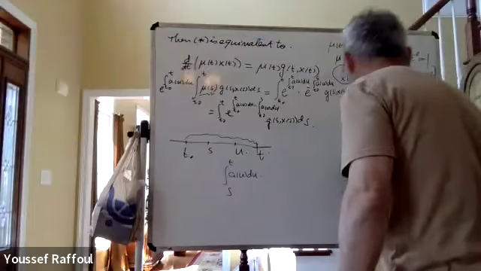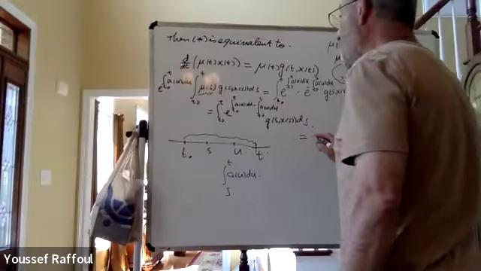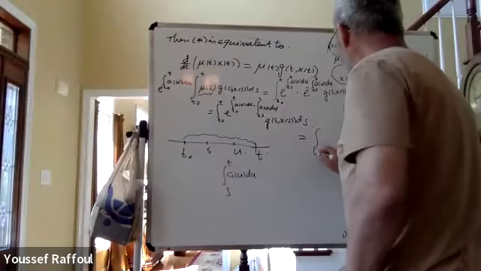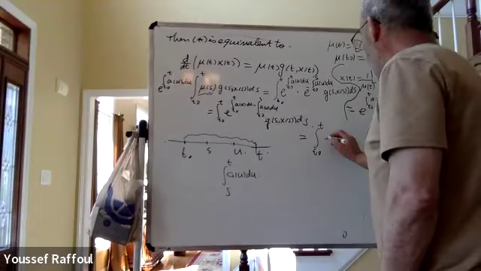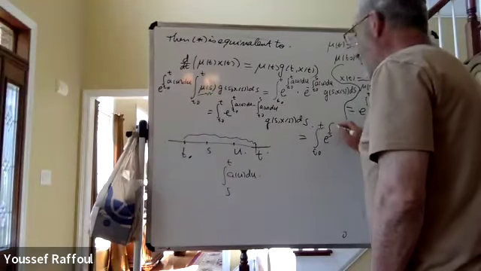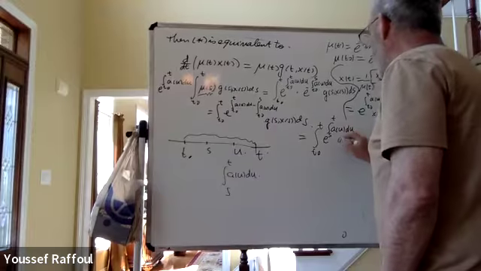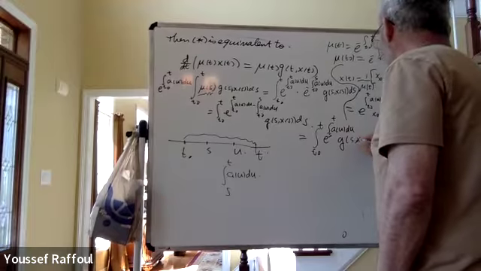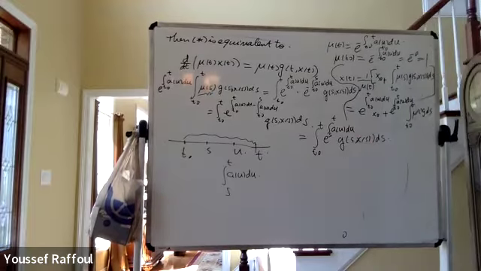So this here is equal to the integral from t naught to t of e to the integral from s to t of a(u) du times g(s, x(s)) ds.